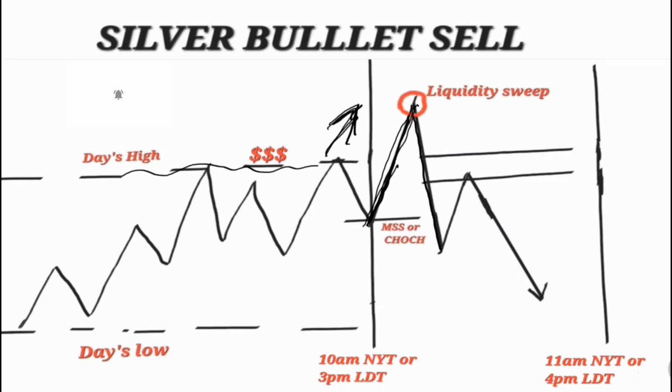When that happens, you're going to see the market structure shift, or change of character. Now, some ICT traders like trading from the fair value gap, the FVG, right here. But for me, I mostly like trading from order blocks. You want to allow the market to return to the order block right here.